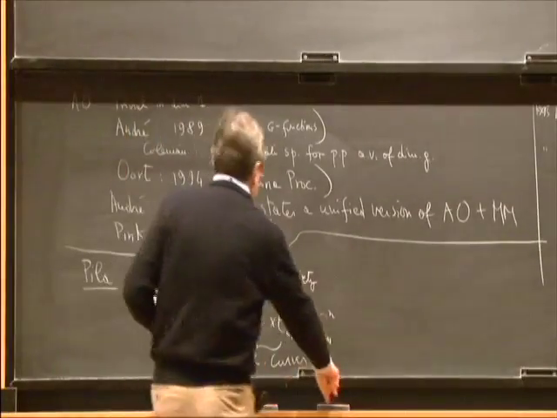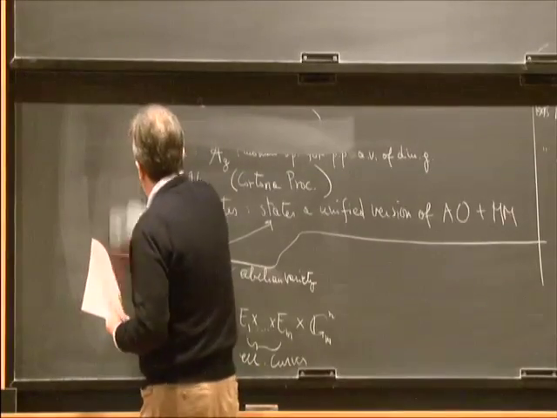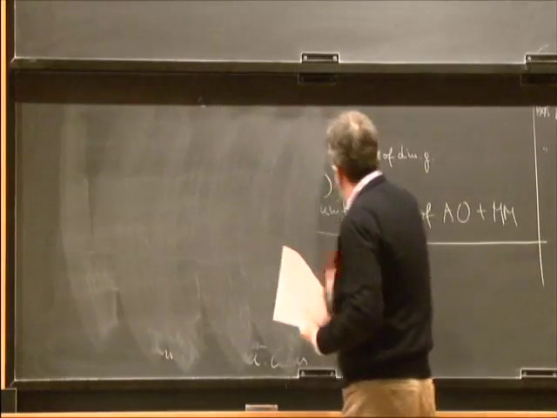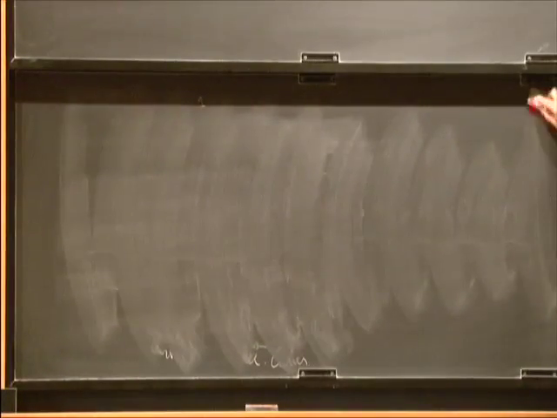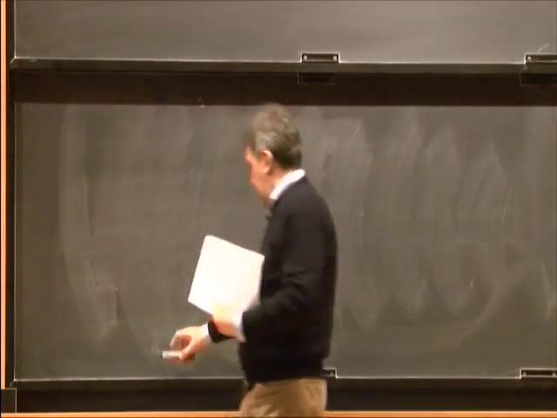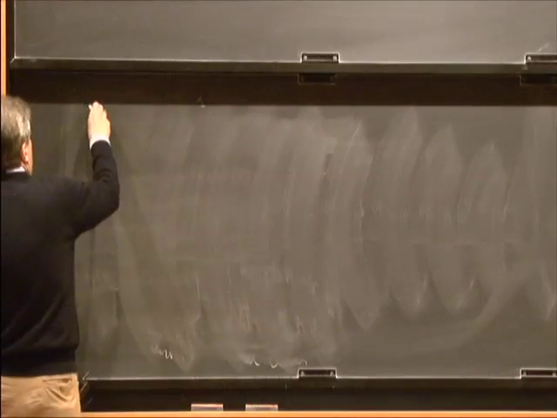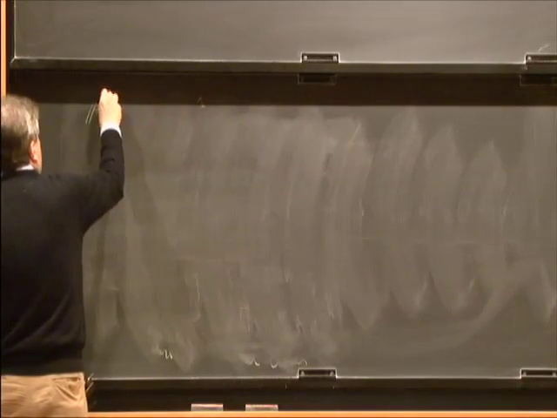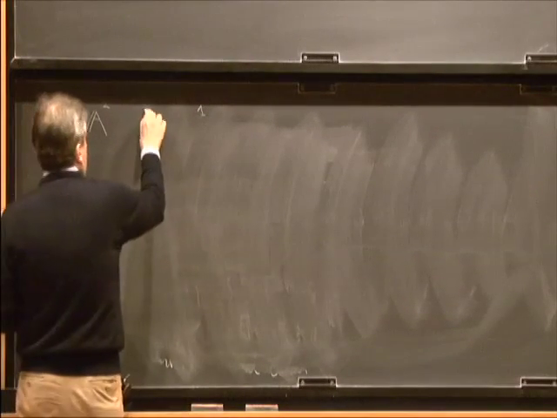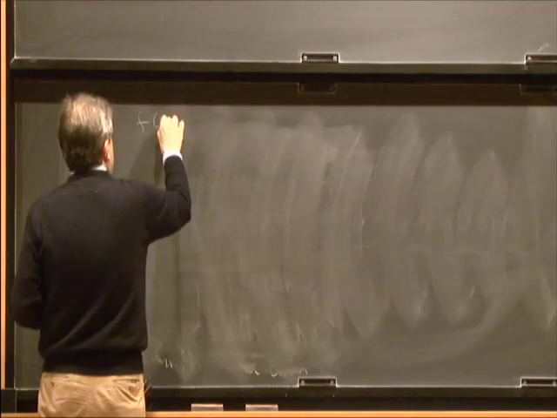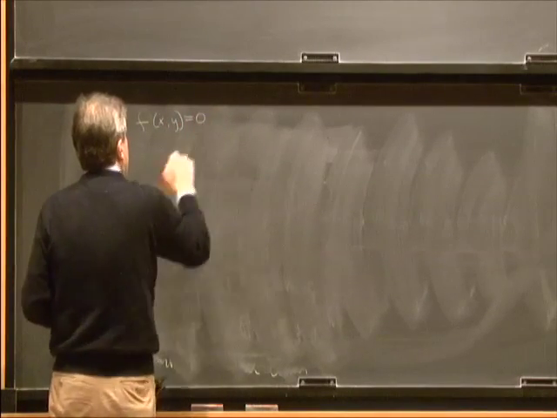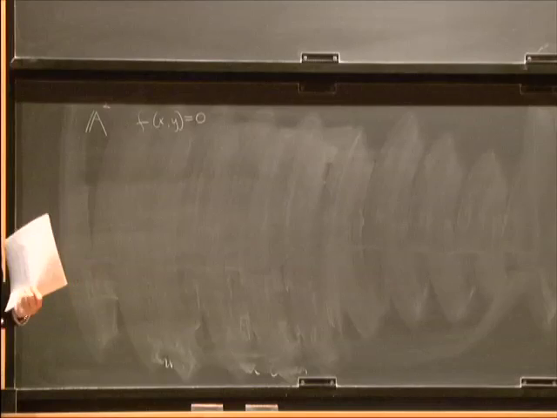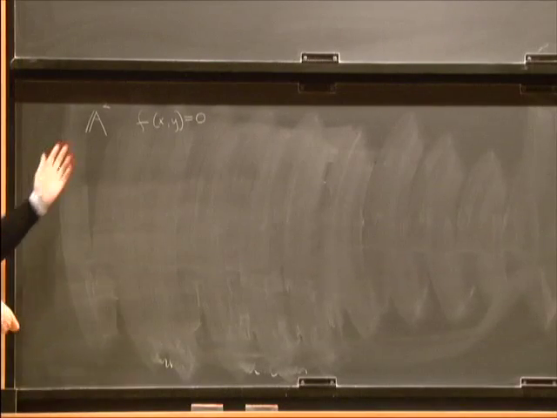So André wants to prove now, what does he want to prove? Let us do his result for the case when the Shimura variety is the plane. So we have a curve here, a plane curve. And now what are the special points here?